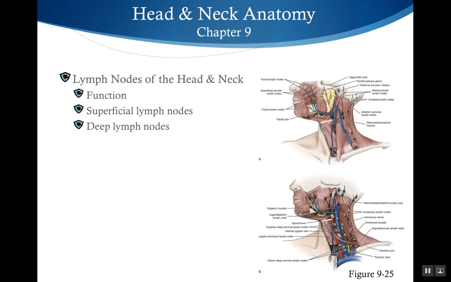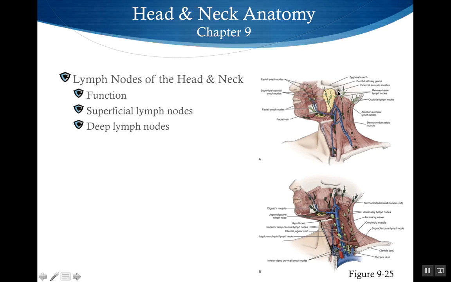There's 5 groups of actual superficial lymph nodes that we're going to talk about. Occipital, see those here. Retroauricular, those are here. Anterior auricular, which are those, let's see if I can find my arrow here.